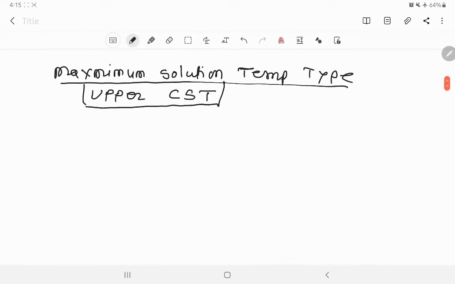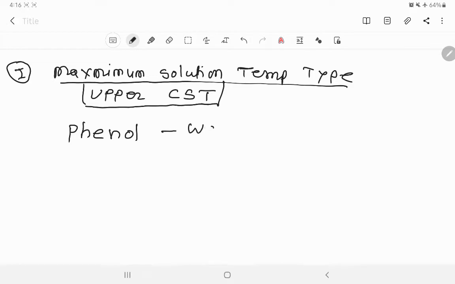Now, the best example of this first type of liquid pairs, whose mutual solubility goes on increasing with increasing temperature, is the Phenol-Water system.